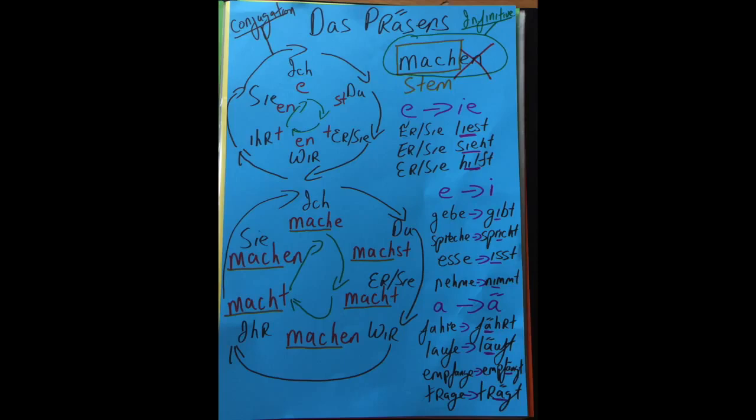Now, what's the difference between you, informal and formal? For example, if you're chatting amongst your friends or people who you are really close to or familiar with, you would use the du form because you're very close, you're very familiar, and there is no need to be formal. You would use the Sie form, however, if you're speaking to an adult, or to a person you do not know, or somebody upon whom you bestow respect.